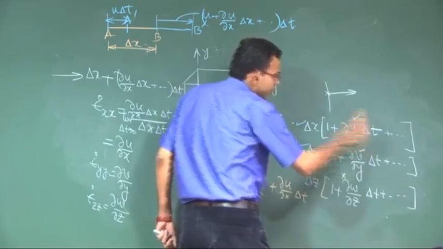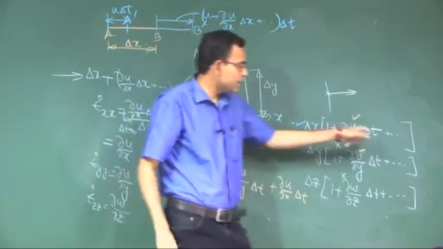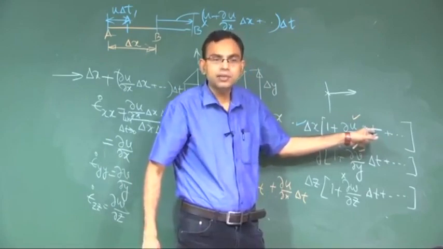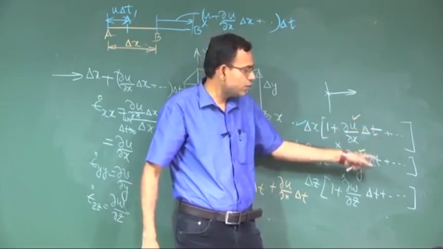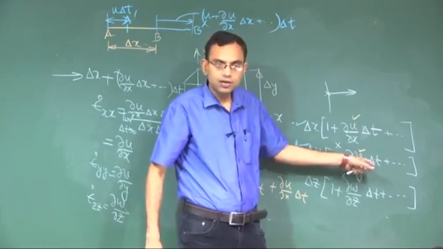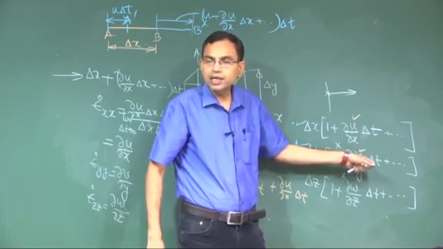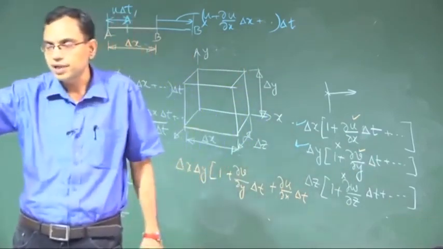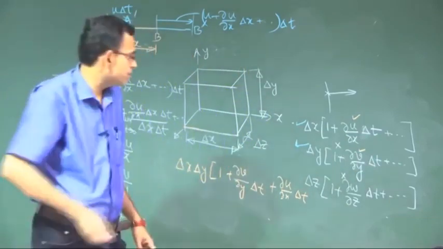plus the product of these two terms, which is a smaller term, which technically is called a higher order term in the series, because it is delta t into delta t, square of the order of delta t square. Delta t being small, delta t square is one order smaller than delta t, and other higher order terms are also neglected.